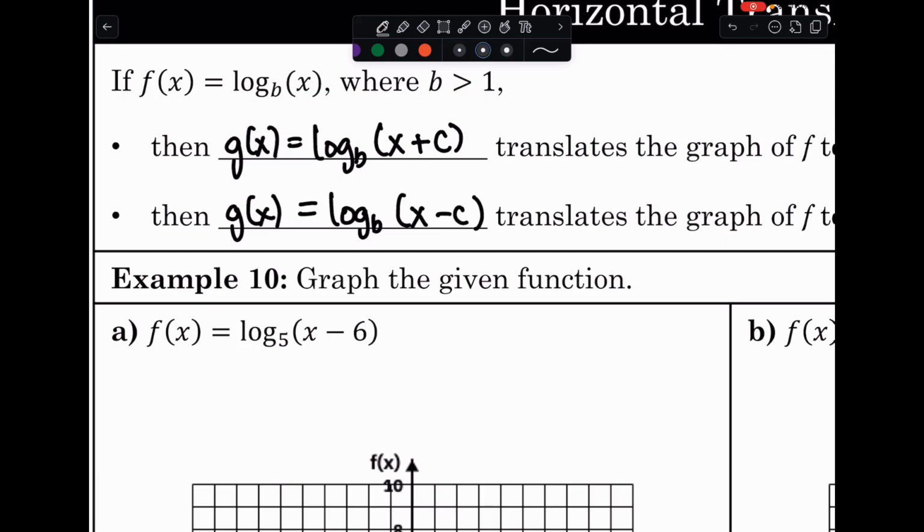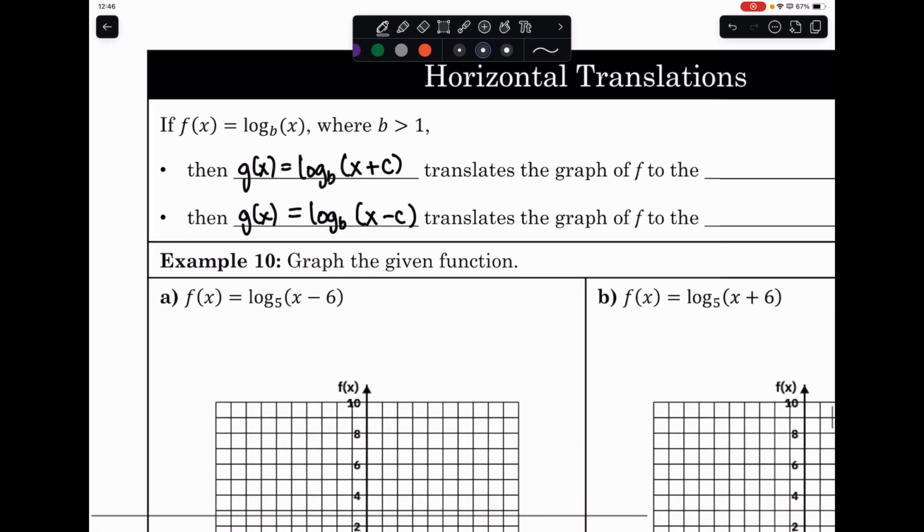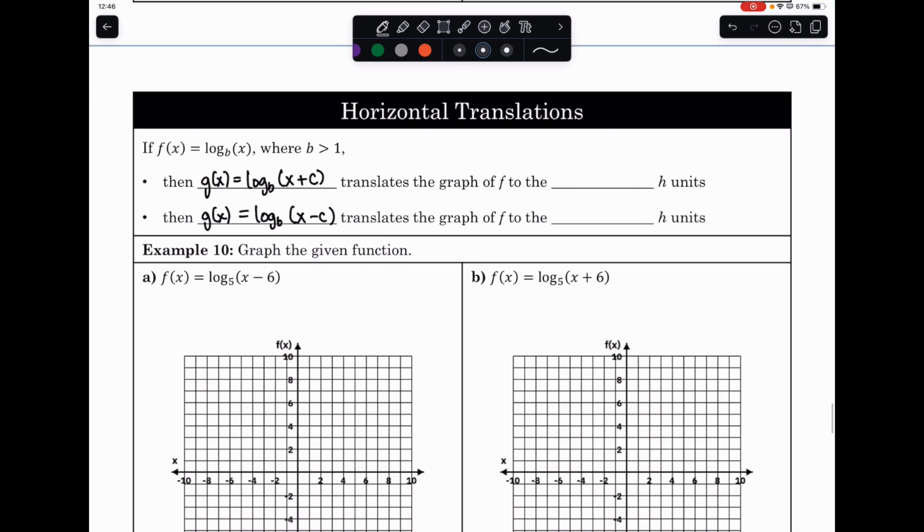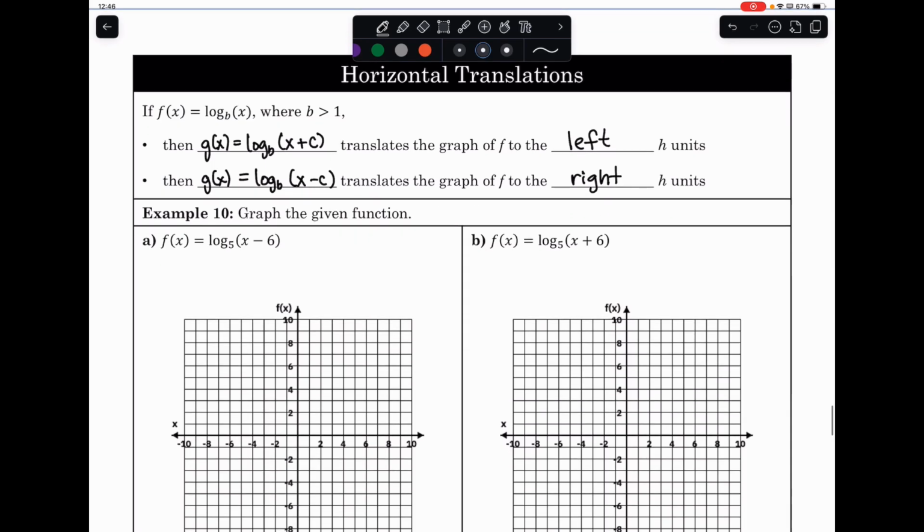So we're still adding or subtracting, but this time we're adding or subtracting to the x values. And like with any horizontal translation, adding is going to move the graph in a negative direction, so to the left, and subtracting moves it in a positive direction towards the right. Now, this correlates perfectly to the domain, as we'll talk about in a bit.